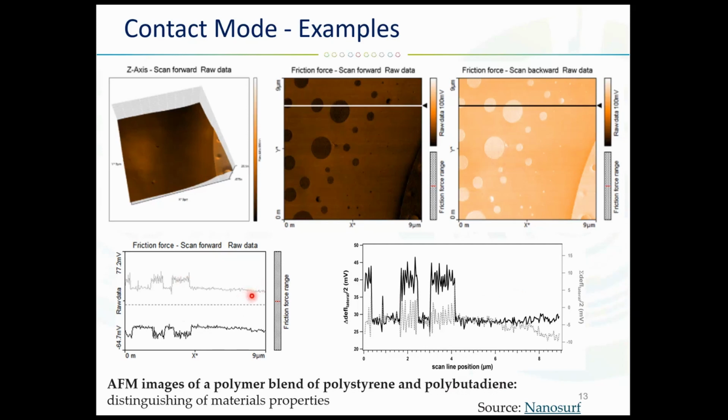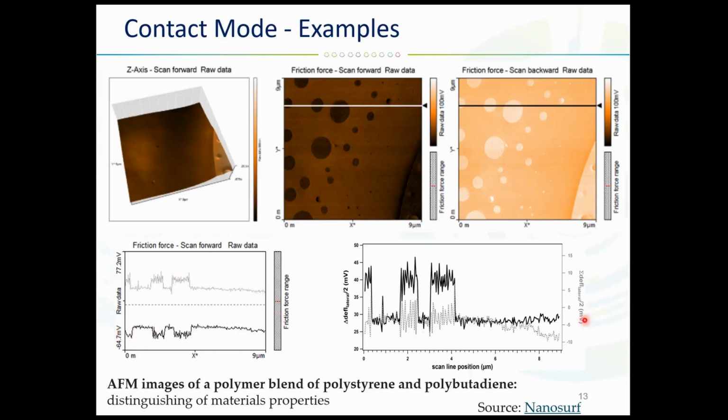So the friction is illustrated in this profile here. The black profile belongs to one direction of the scan, and the gray profile belongs to the opposite direction of the scan.